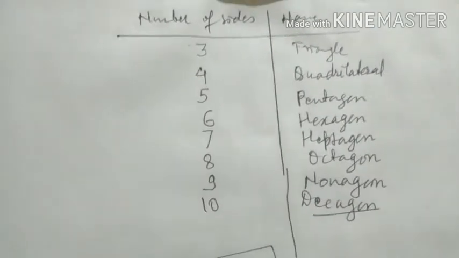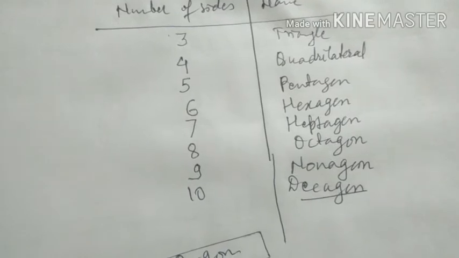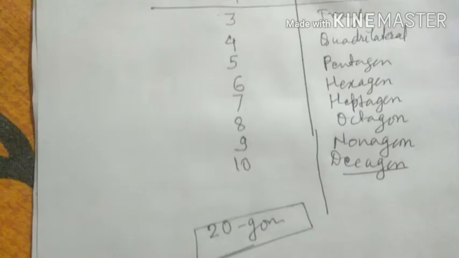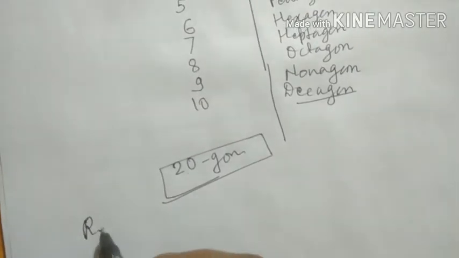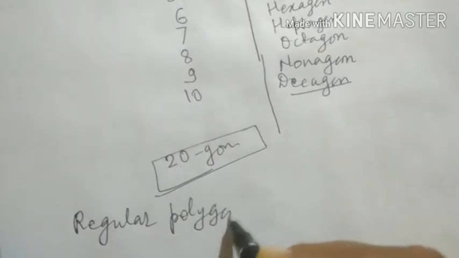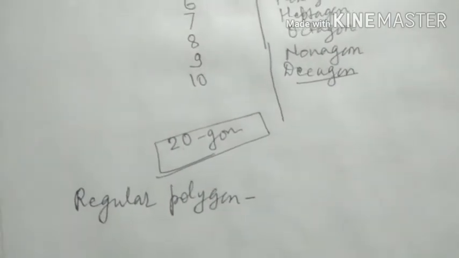Okay. Now there are two types of polygon here. We will learn regular polygon. One is a regular polygon and another is not a regular polygon. So what is a regular polygon?